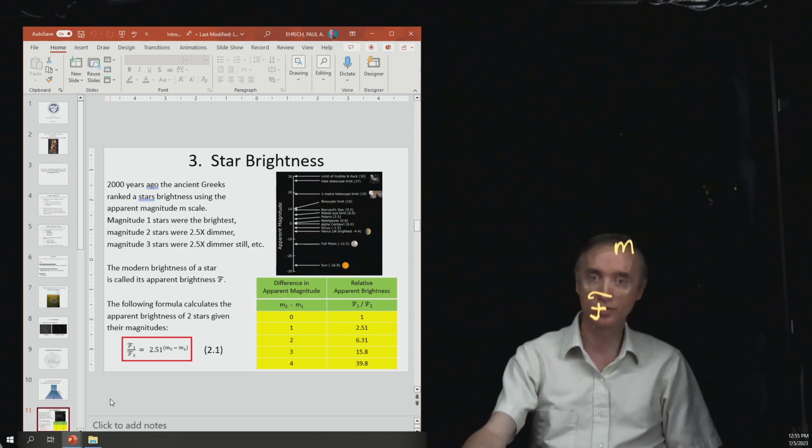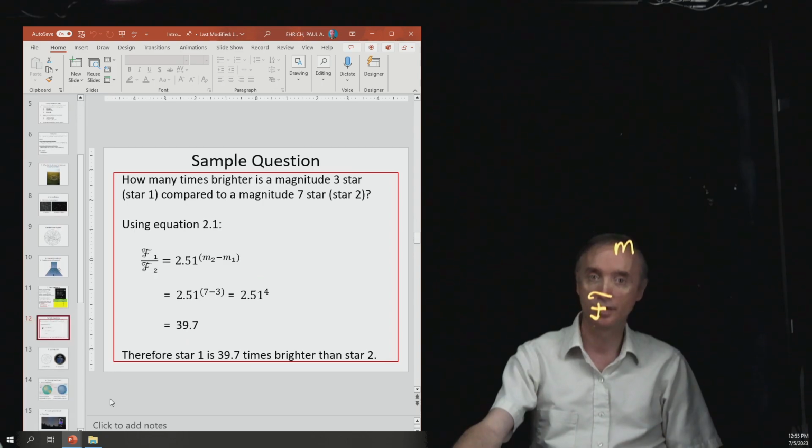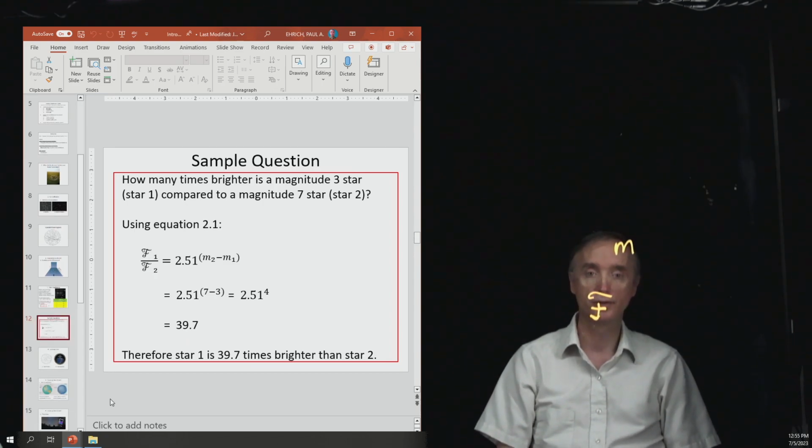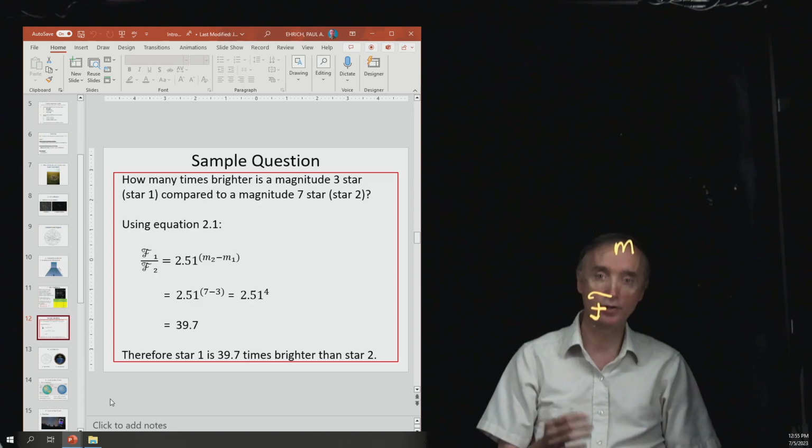In order to use this, here is a sample question. This is something you should be able to do on the exam. If I give you the magnitudes of the two stars, can you plug them into the formula and calculate the number?